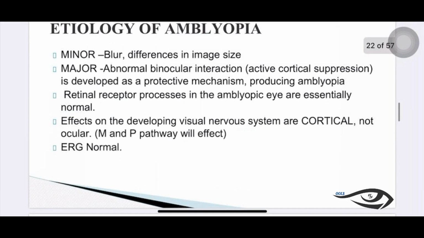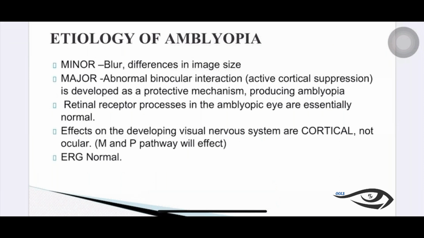Now there is some etiology of the amblyopia, like why the amblyopia is happening. First of all, there will be a blur image and there will be a difference in the image size. Let's see an example of +8 diopter and +3 diopter.